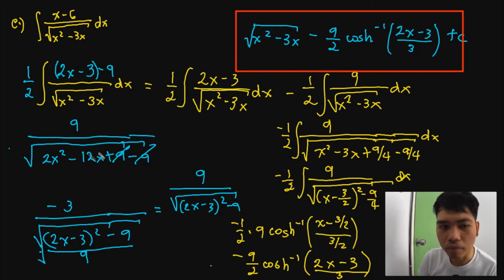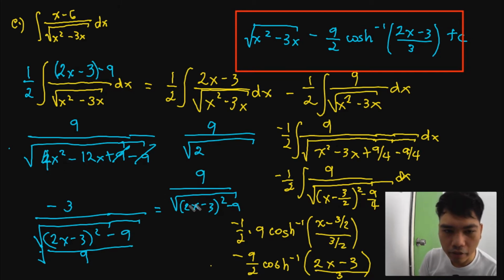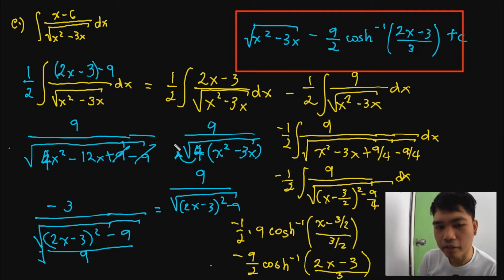So we have 9, and then we have square root of 2 times, actually it should be 4, sorry, kasi 2x squared, di ba? So we can factor out 4 from here. So we have 4, and then this one is x squared minus 3x. Okay, and then this 4 will be going outside ng ating radical sign, so this becomes 2 in this case. So pag naging 2 na siya, ito na lang matitira sa atin. Okay, and of course negative.